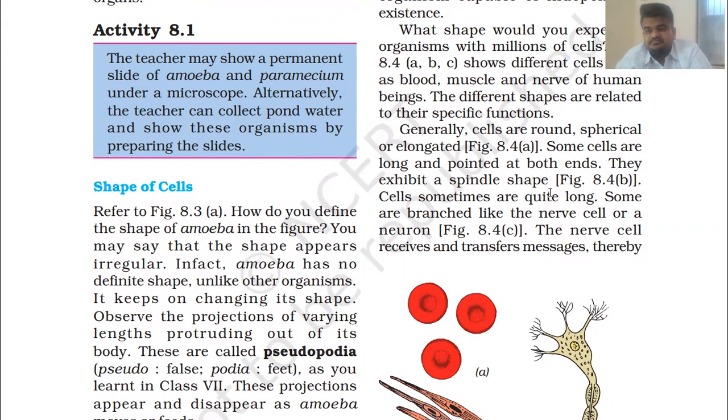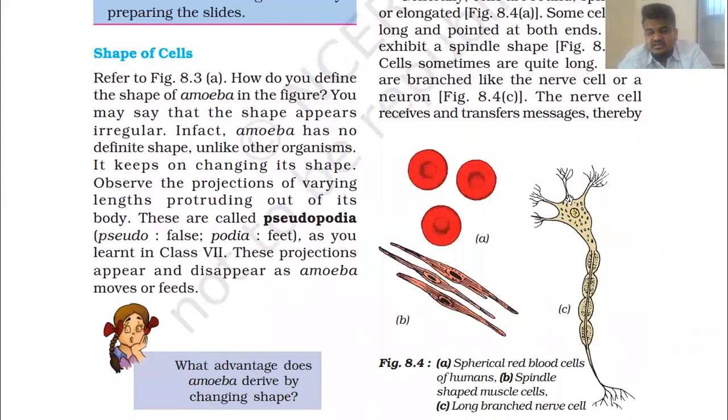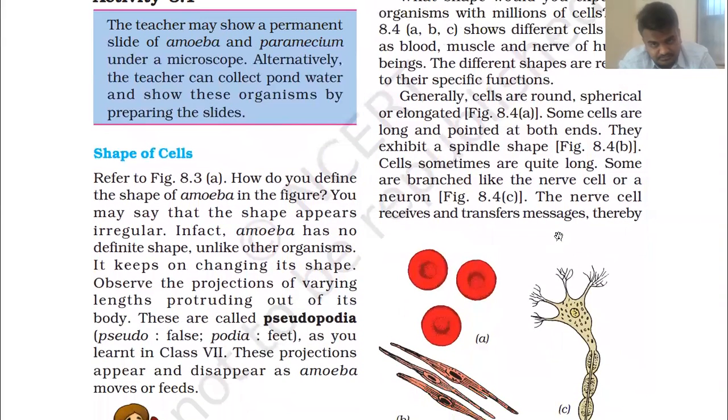Cells sometimes are quite long. Some are branched like a nerve cell, or a neuron. See here in figure 8.4C, a long branched nerve cell is given.